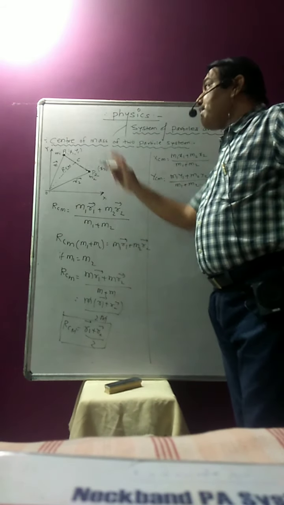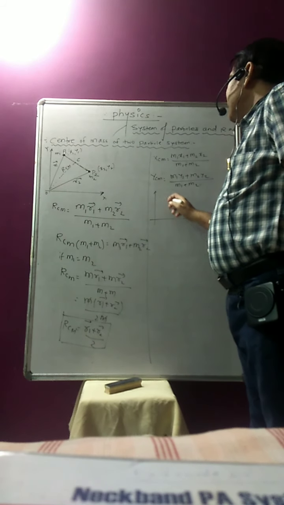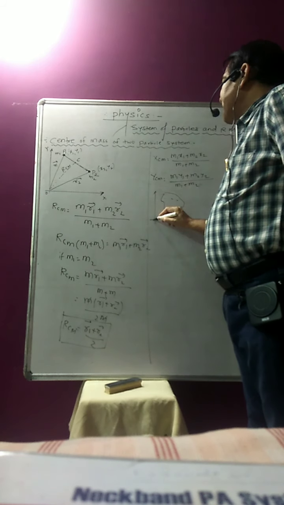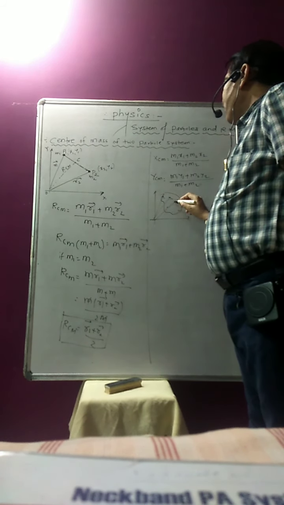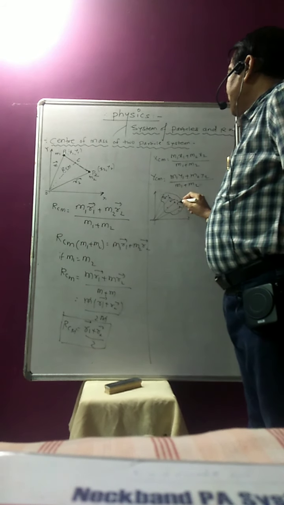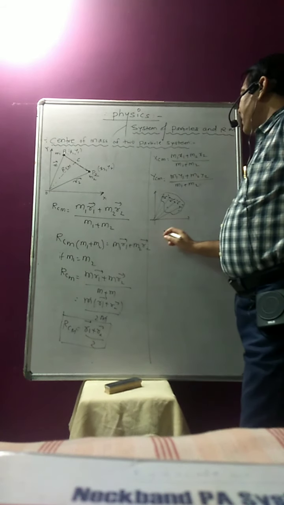Suppose that instead of two particles, this system is made up of n number of particles, so there are n position vectors drawn for the particles m1, m2, m3, m4 and so on. Then how can the center of mass be written?